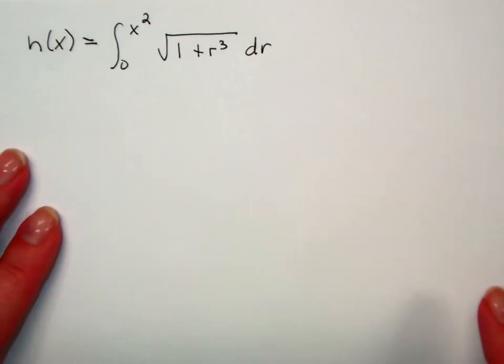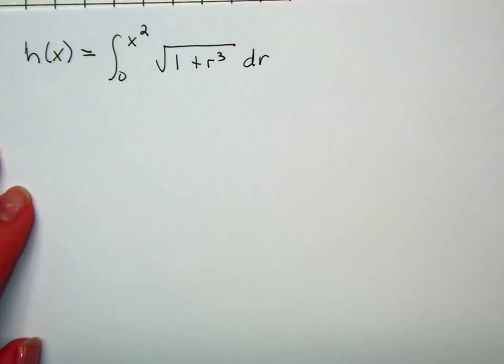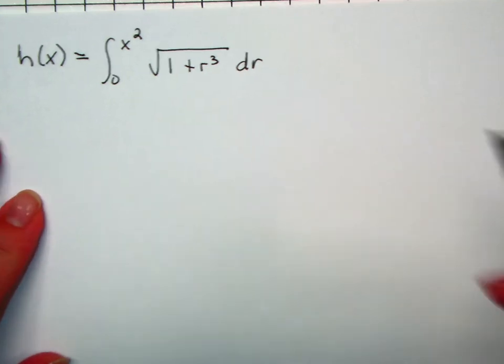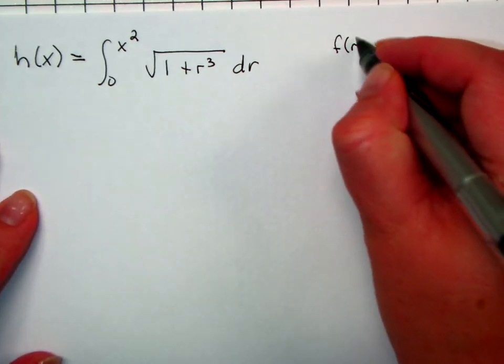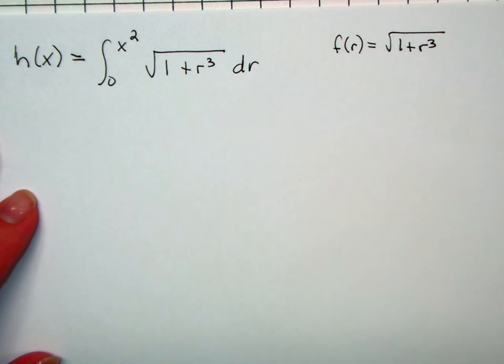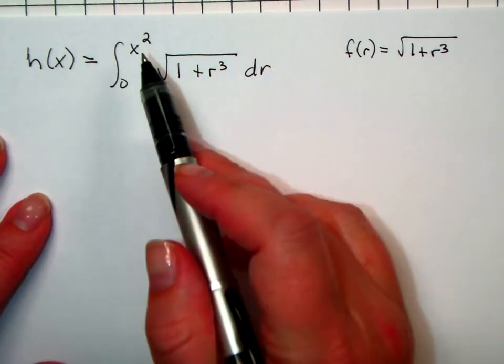Okay, so I have h of x equals the integral from 0 to x squared of the square root of 1 plus r cubed dr. So we have a little f of r, if you will, which is the square root of 1 plus r cubed. Okay. But let's go ahead and evaluate this integral.